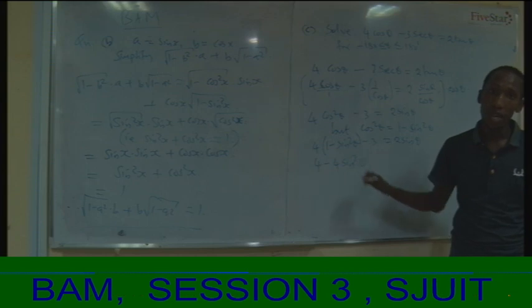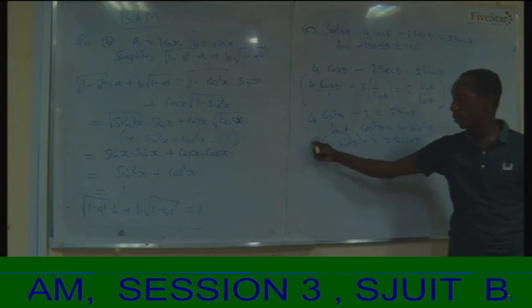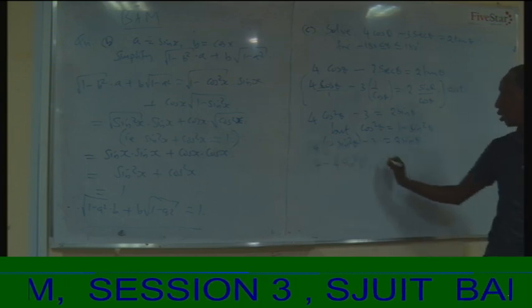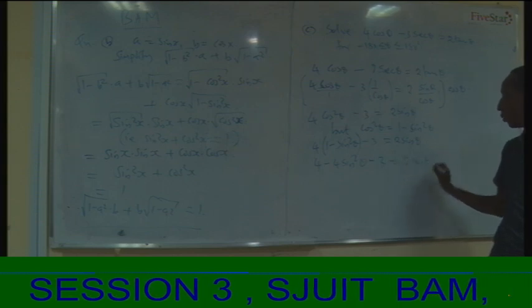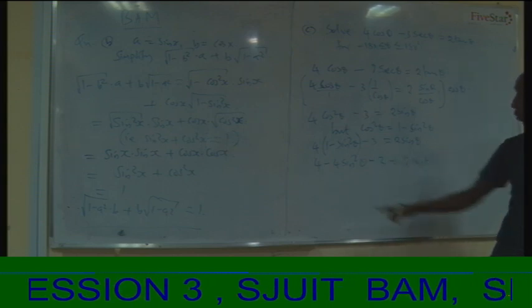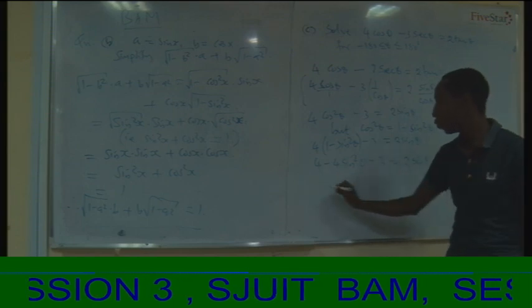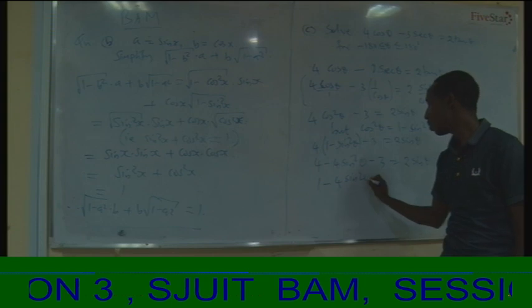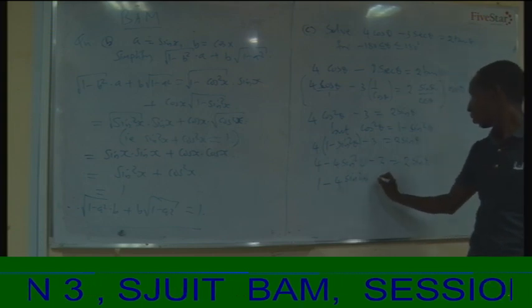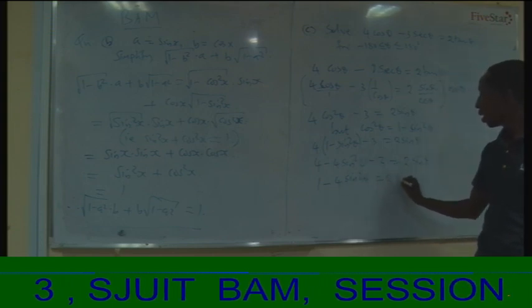We just open the bracket and multiply 4 by each term inside the bracket. Minus 3 equals 2 sine of an angle theta. And 4 minus 3 is 1. So it will be 1 minus 4 sine squared theta equals 2 sine of an angle theta.